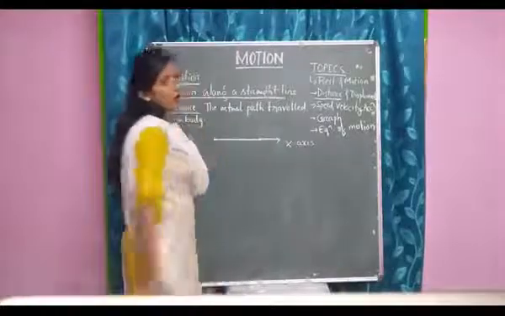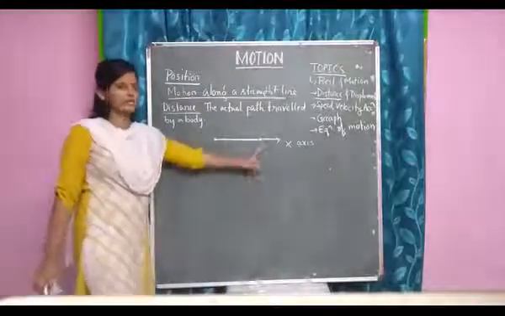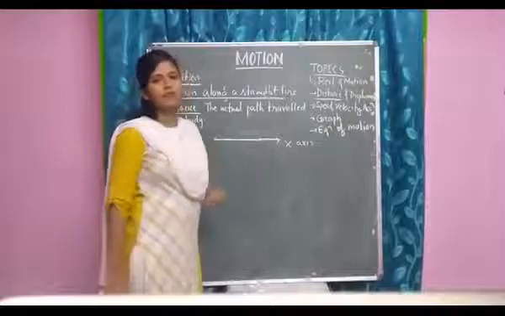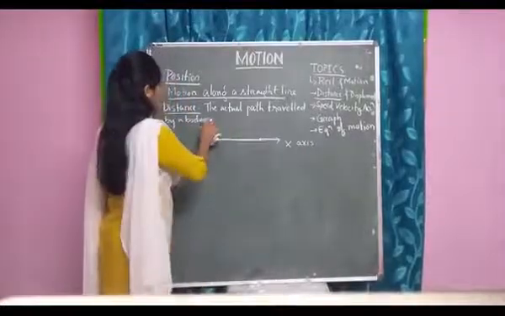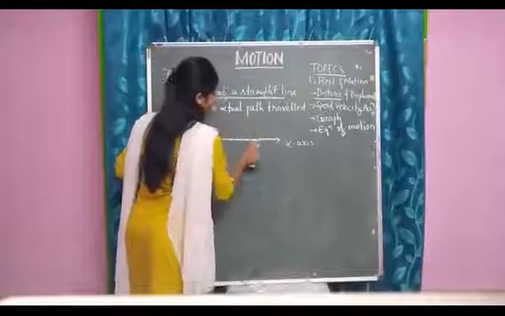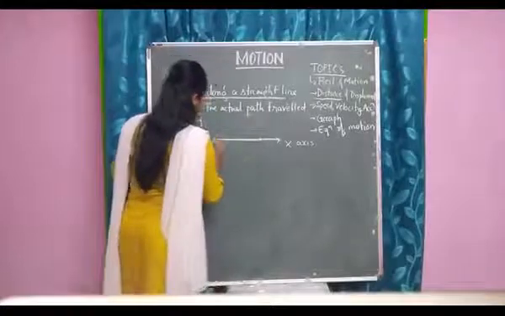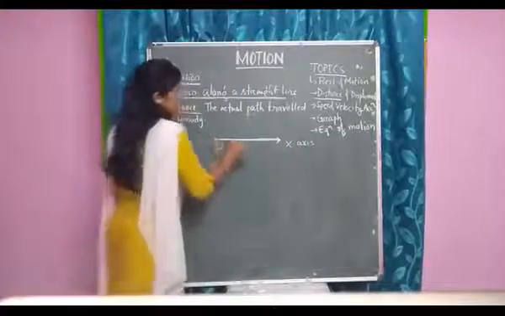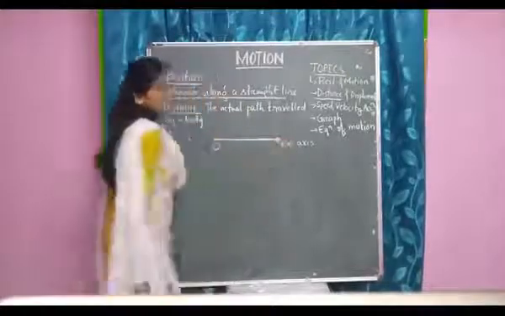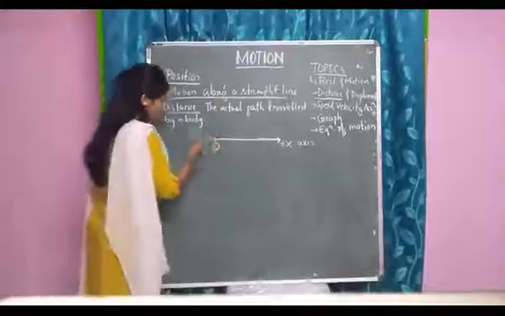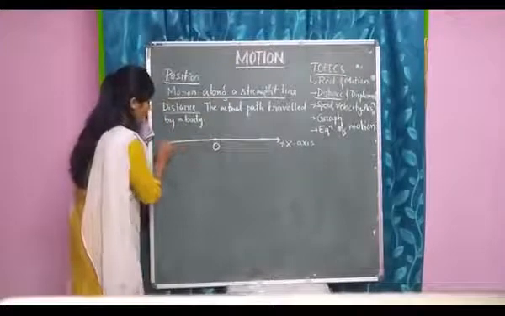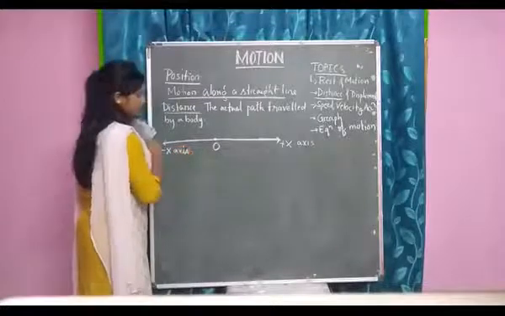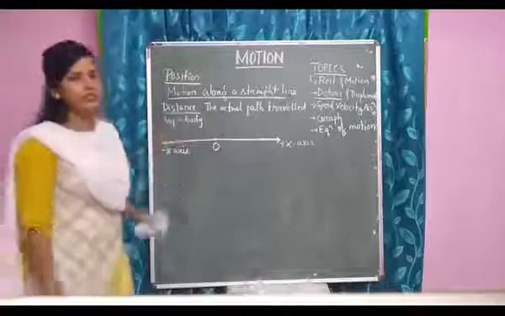Since a body will move in a straight line, we now represent the motion of a body in a straight line, and we have to define our coordinate system. Suppose this is the origin, this is our positive x-axis, and towards the left of O we have the negative x-axis. First let us go for distance.